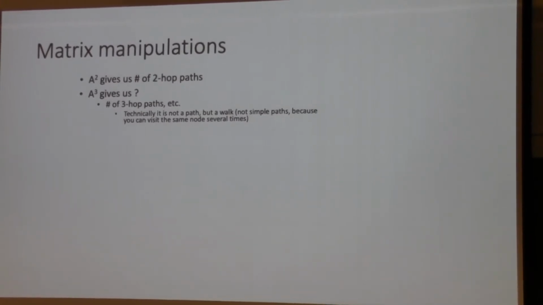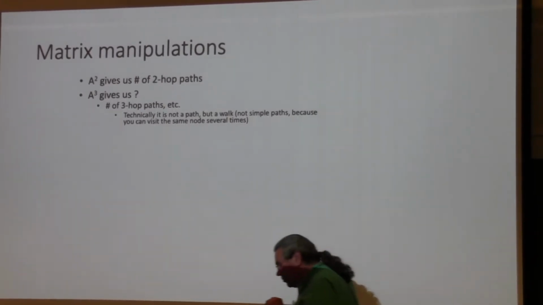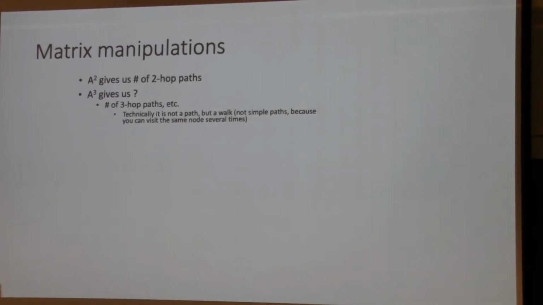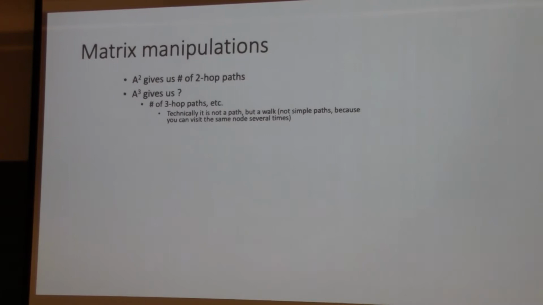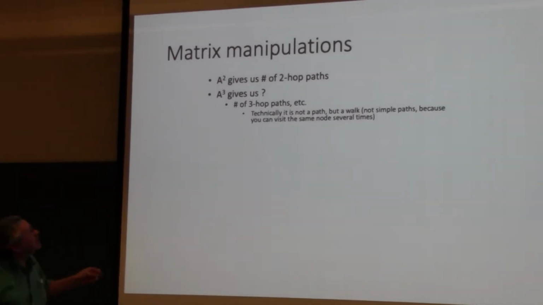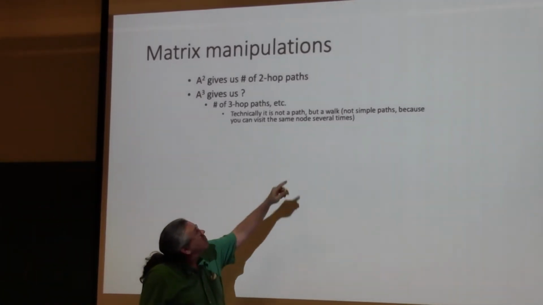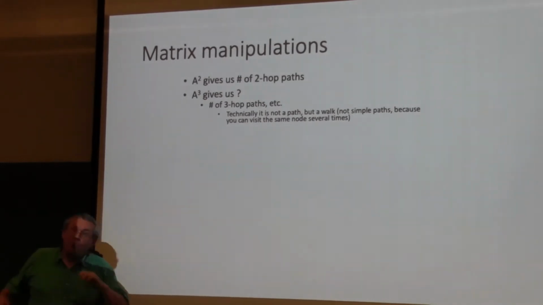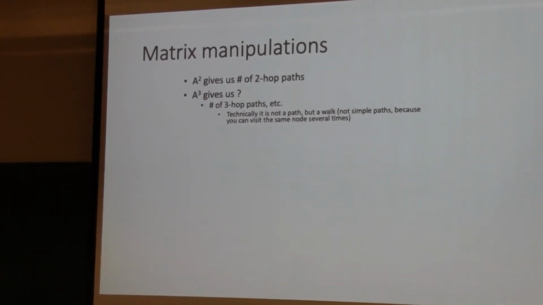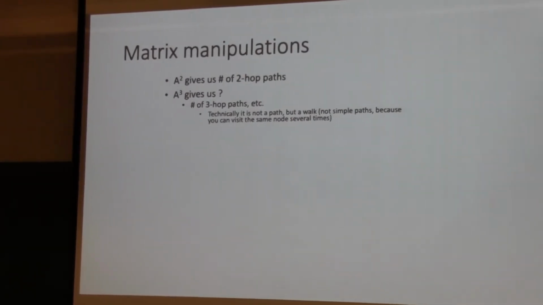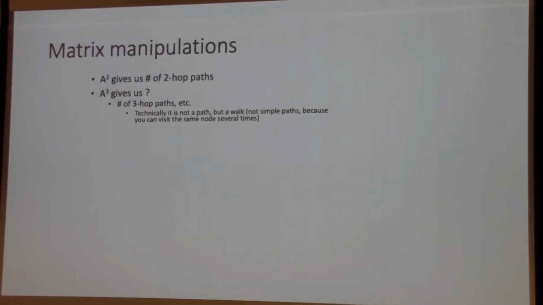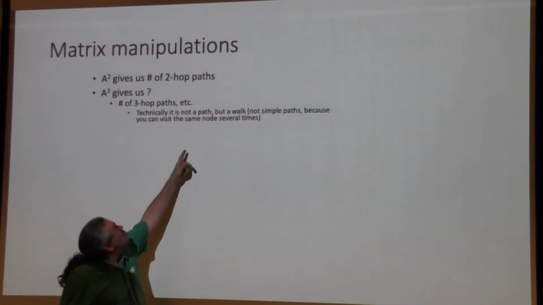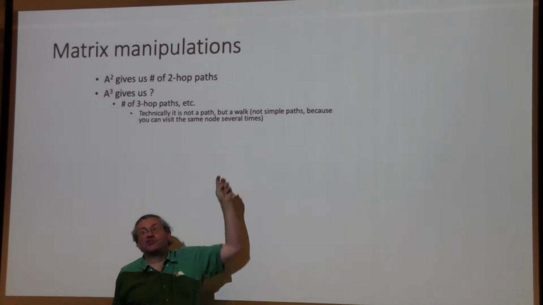Let me make a little technical adjustment. In graphs, there are lots of definitions. Technically, it's not a path but a walk. That's a weird distinction. A path goes from node to node, but a walk follows edges. In French, it would be un chemin et une marche.